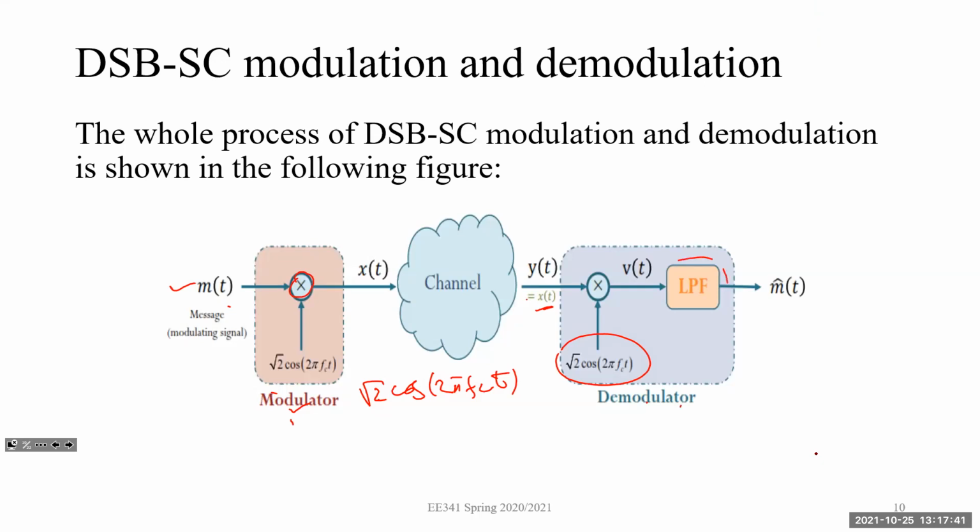And this is your carrier signal, carrier wave. Then you will pass it through a low pass filter, and it will remove the carrier frequency. It will just give you the actual information which you send here, you will receive here.